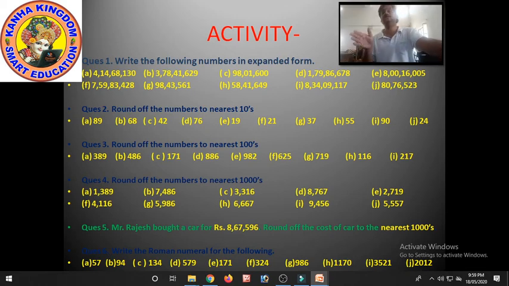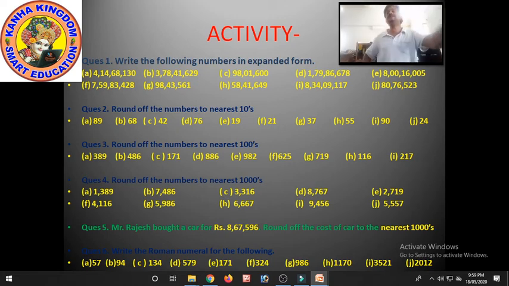Tens and ones are converted into 0 and the rest of the number is the same. But if the tens digit is the same as 5 or greater than 5, then again ones and tens digits are converted into 0. But in the 100 digit, what you have to do? Yes, we just add one to the 100 digit. Now another example, that is E part, 982.